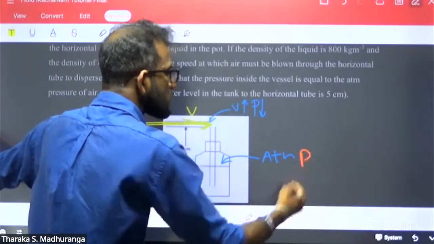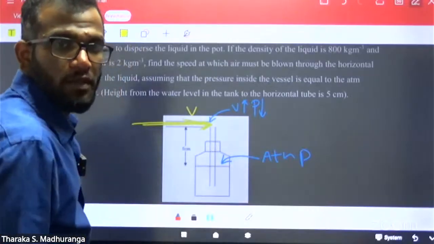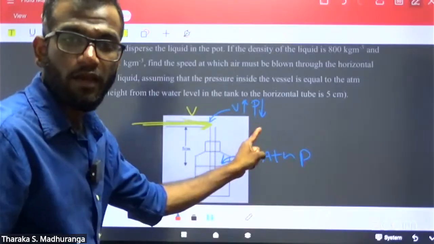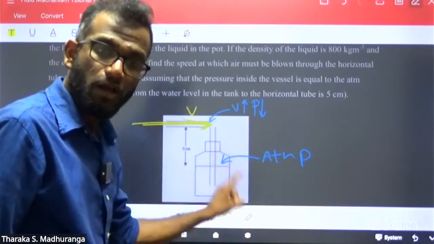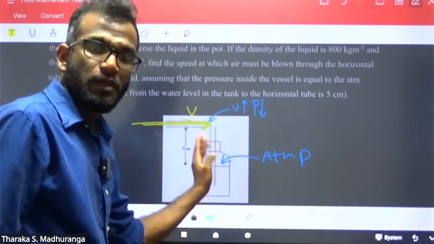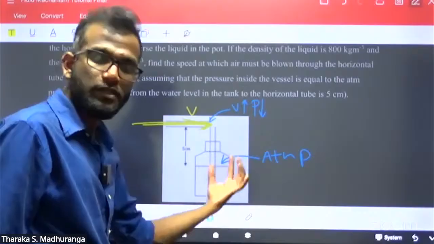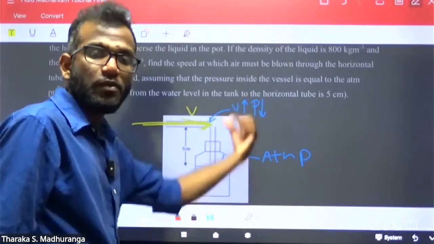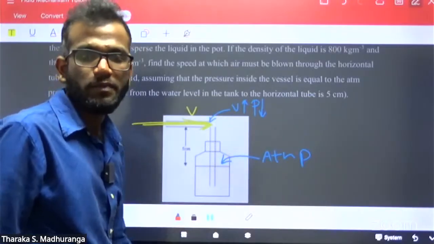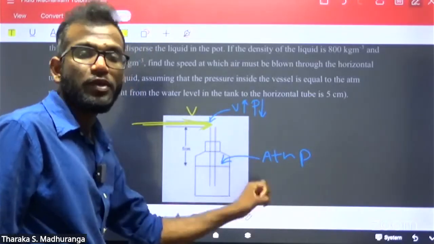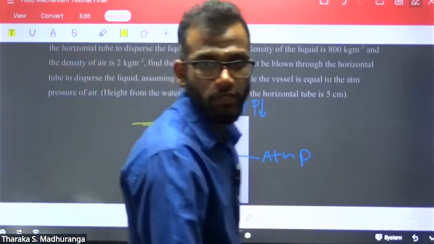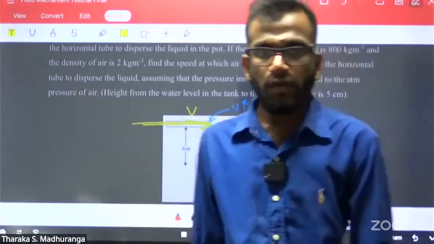When the pressure decreases below atmospheric pressure, what happens? The pressure here is lower than this. From high pressure to low pressure, the fluid goes up and is released as a spray, a fluid and air mixture, same as a carburetor or venturi tube. That's a spray machine.